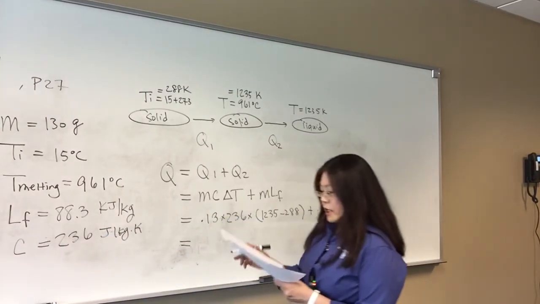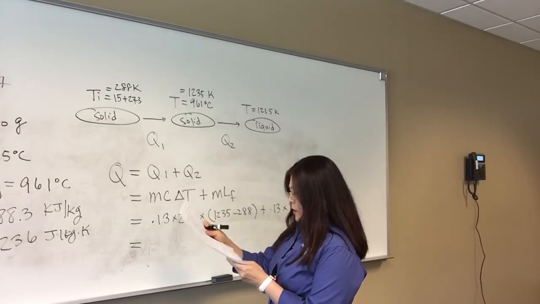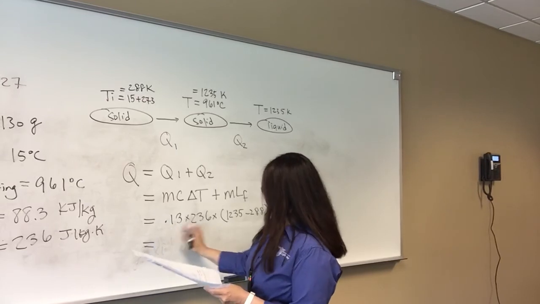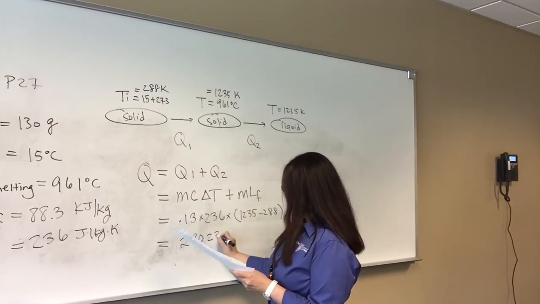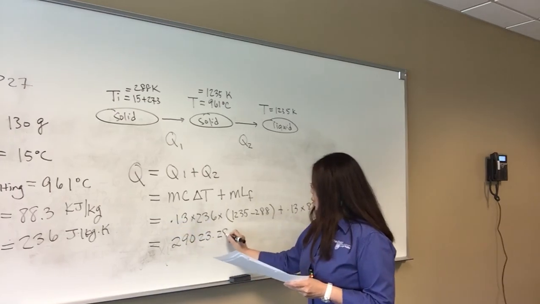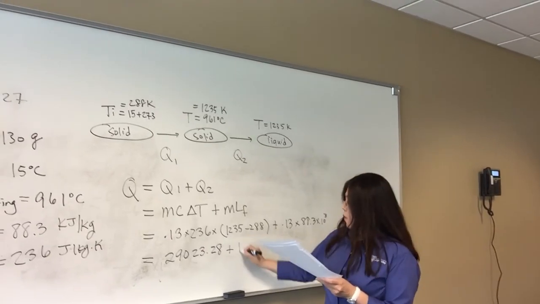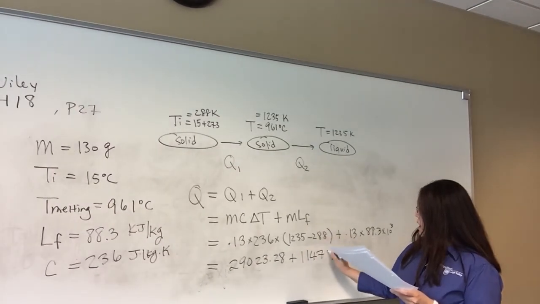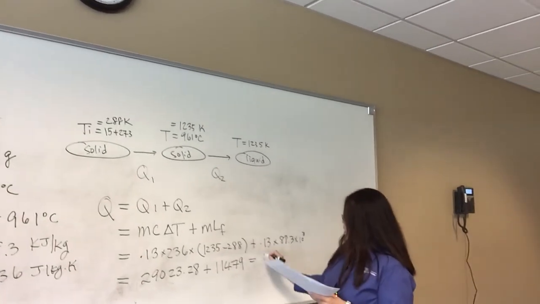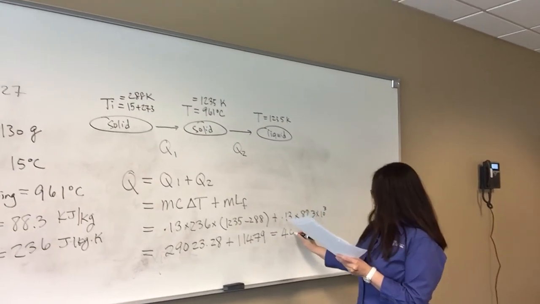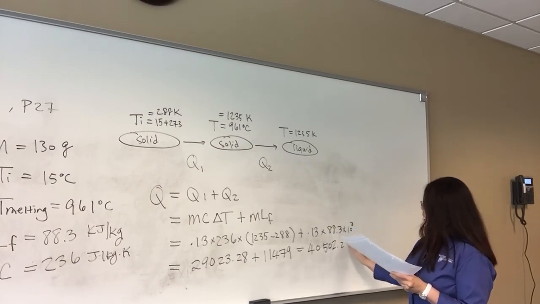So when you plug into this equation and punch it into the calculator, the first term will give you 29,023.28 joules, and then the second will give you 11,479. So when you add all this together, you will get 40,502.28 joules.